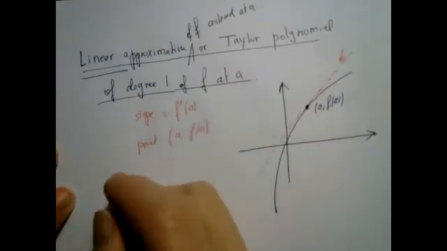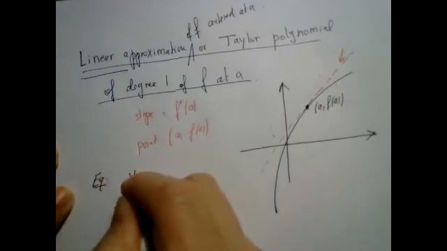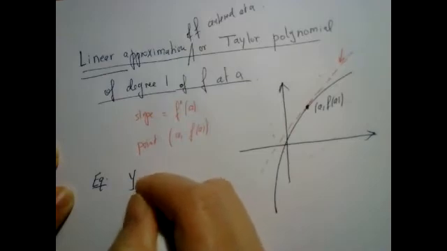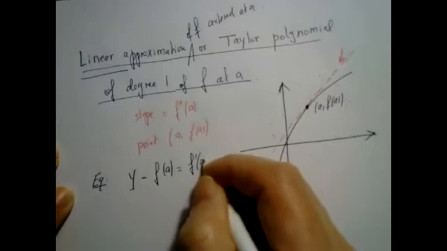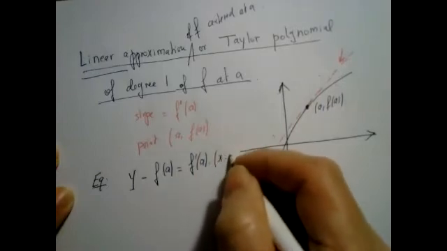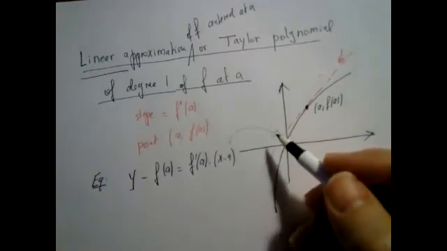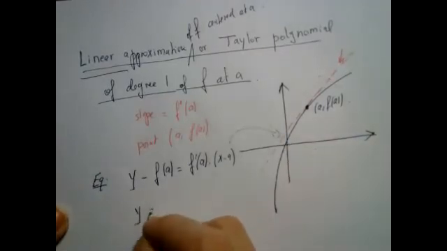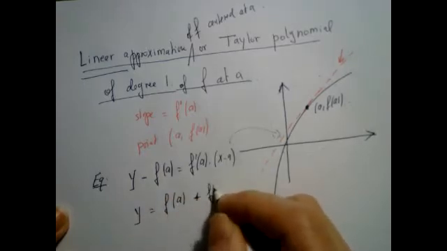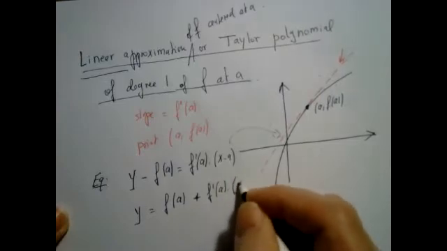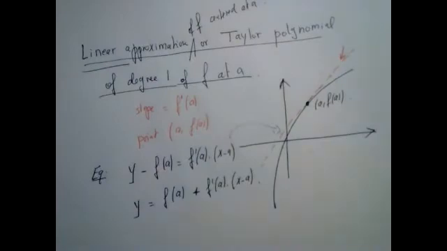So the equation of the tangent line, using point-slope form, is y minus f of A equals the derivative times x minus A. If we rewrite it, y equals f of A plus f prime of A times x minus A. That's the equation of the tangent line.